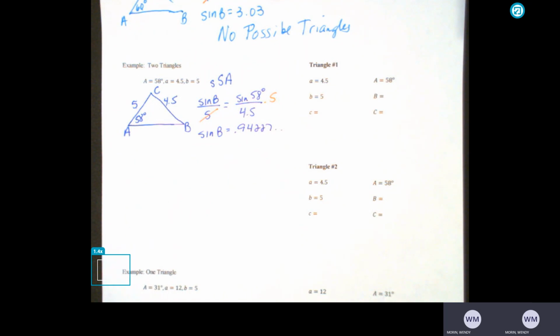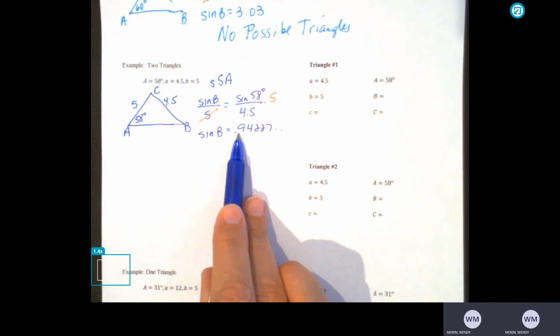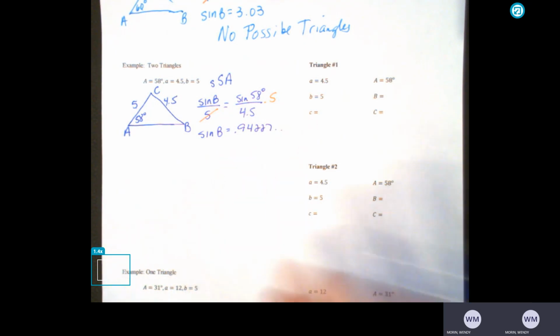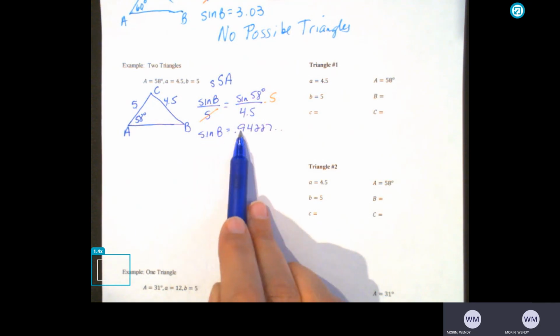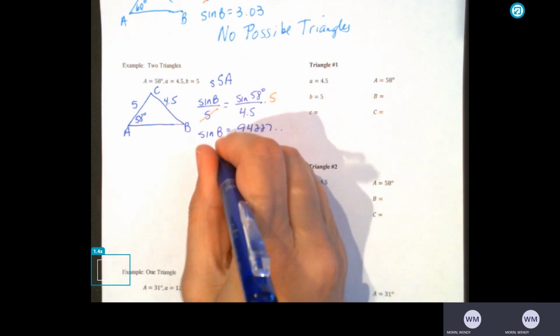Now, how many possibilities is that? How many times is the sine of B positive 0.9? Well, again, we just learned in our last chapter that when sine is positive, there are two quadrants. First quadrant and second quadrant. So let's go ahead and take the arc sine of our answer. And again, use the decimal that's in your calculator so you can be accurate.